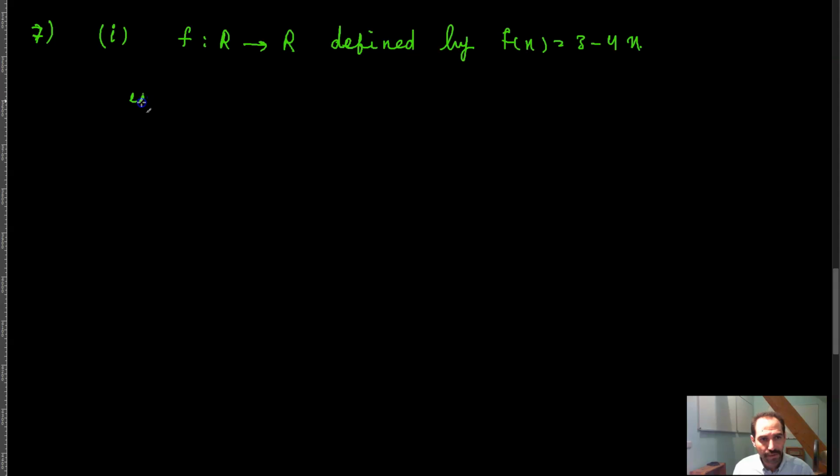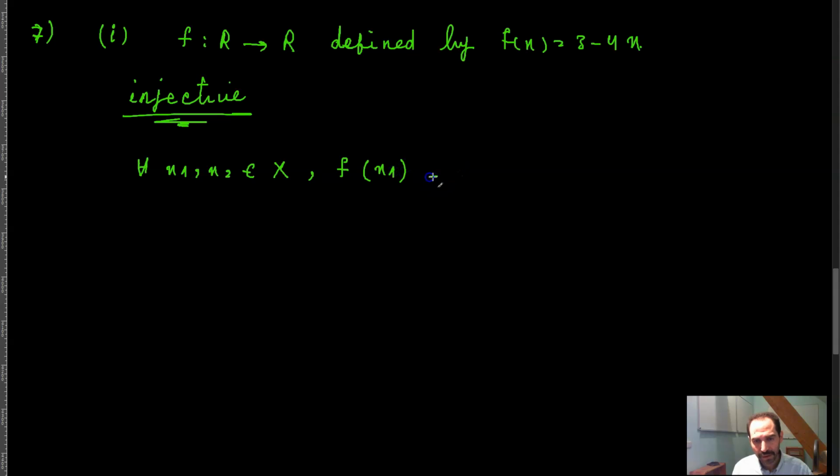Now first you need to show whether this function is injective. To show whether this function is injective or not, you need to show that for every x1, x2 belonging to the domain of the function, if f of x1 is equal to f of x2, that implies that x1 is equal to x2, right?